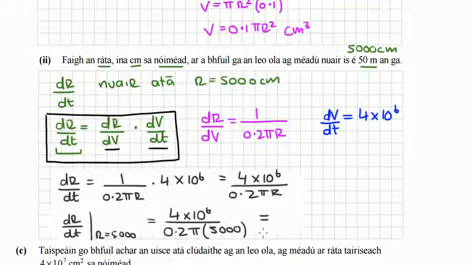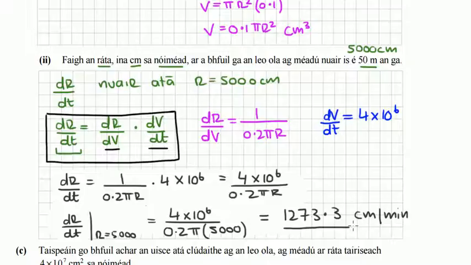And using the calculator to do all of the work really, remembering to put in pi, we have 1273.3, and that's centimeters per minute for the units. So just to put it in context, that's the rate of change of the radius of the circle of oil as it's changing over time in minutes.